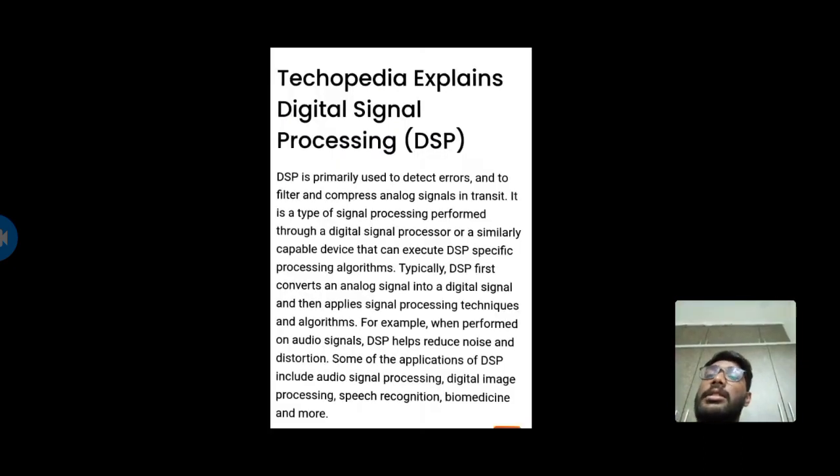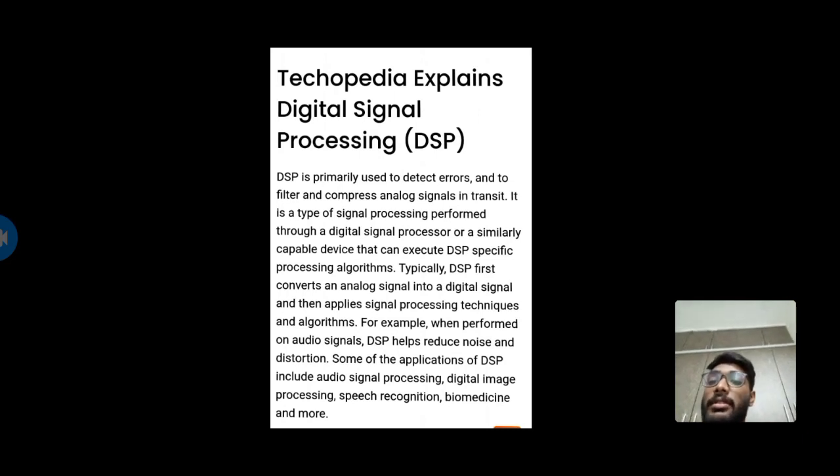Techopedia explains digital signal processing (DSP). DSP is primarily used to detect errors and to filter and compress analog signals in transit. This type of signal processing is performed through a digital signal processor or similarly capable device that can execute DSP specific processing algorithms.